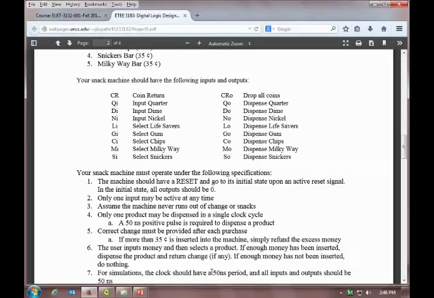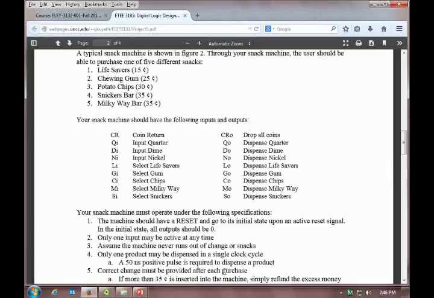So if you've got 25 cents in and you put in another 25 cents, it should immediately give you 15 cents back, right? And then you're stuck in a state where you've got 35 cents.